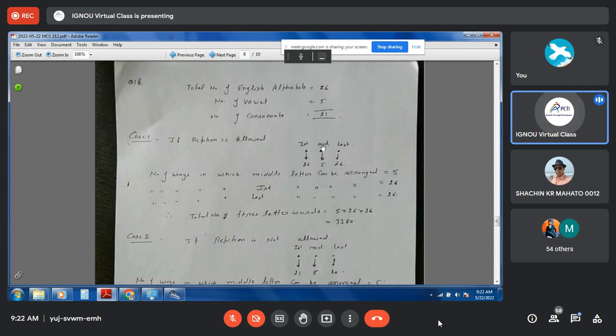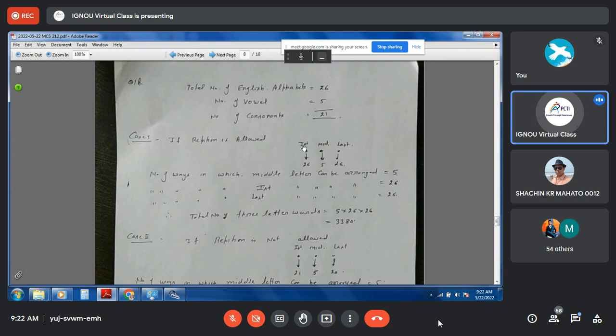Here the middle letter has only 5 options. There are 5 vowels. And see, repetition is allowed. For the middle letter, you have only 5 options. You write here 5. This is a rough diagram.